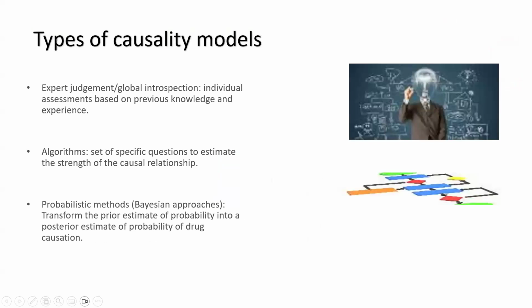Types of causality assessment models. There are certain kinds of causality assessment models. Many times there is expert judgment, where based on their previous knowledge and experience they judge.